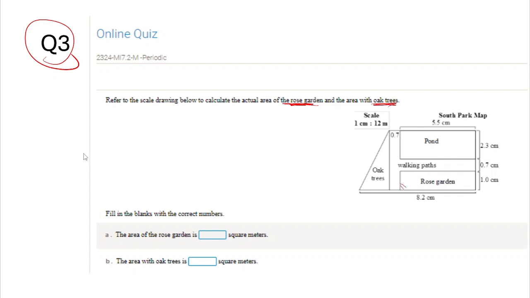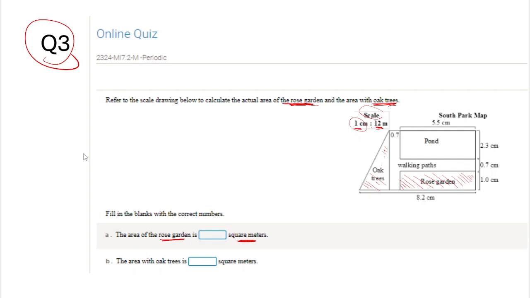Okay, we have here, this is the area of the rose garden, and this is the area of oak trees. Here it is mentioned the scale is 1 centimeter to 12 meter. Okay, now fill in the blanks with the correct numbers. The area of the rose garden is blank square meters.